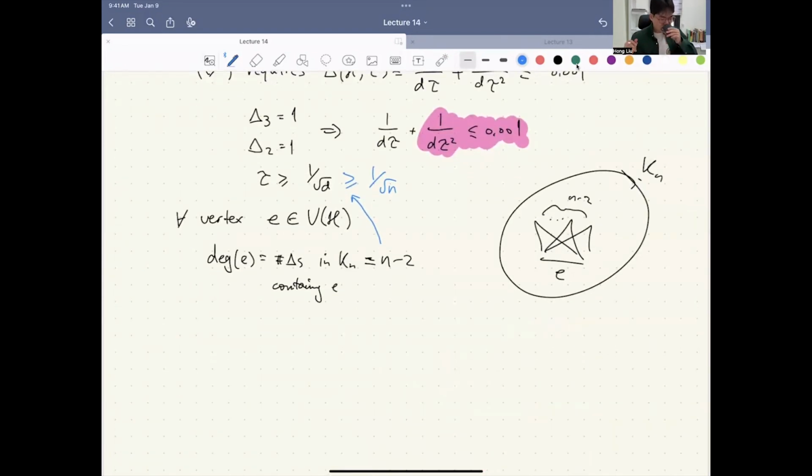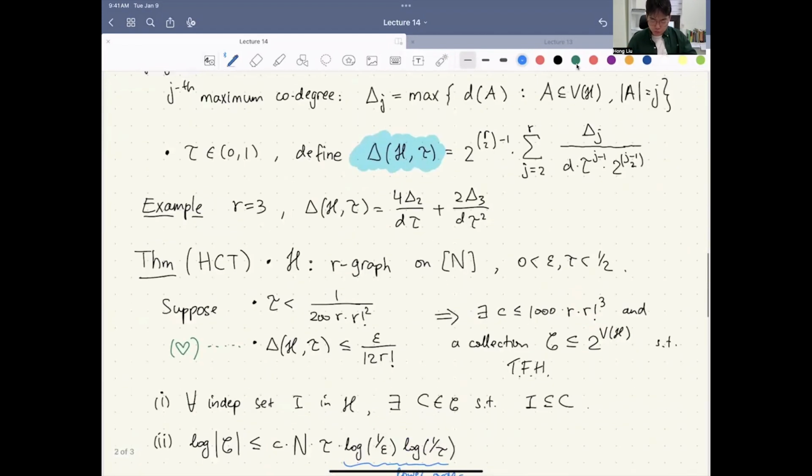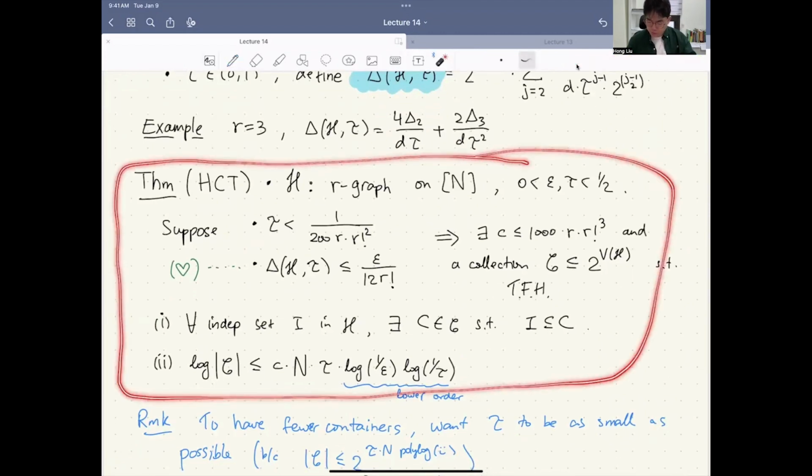Now, we're going to use this general version of hypergraph container.